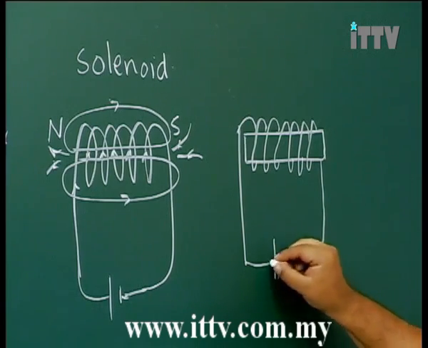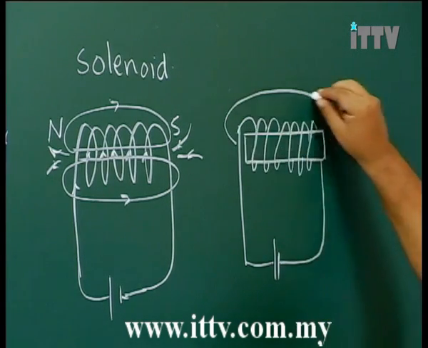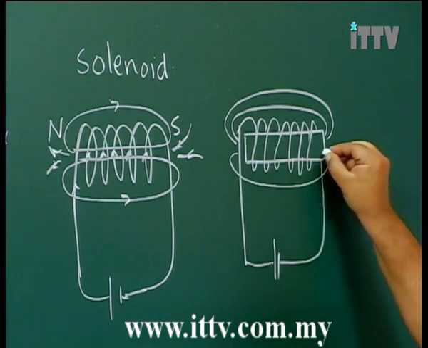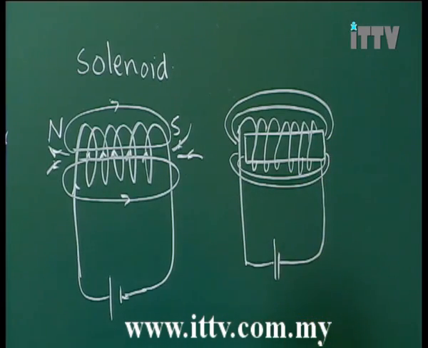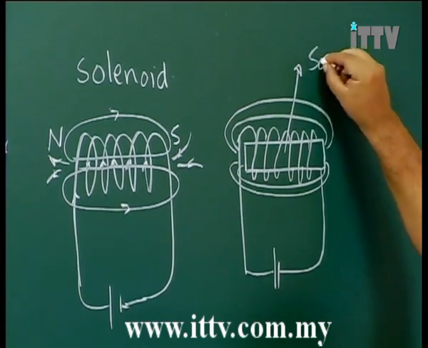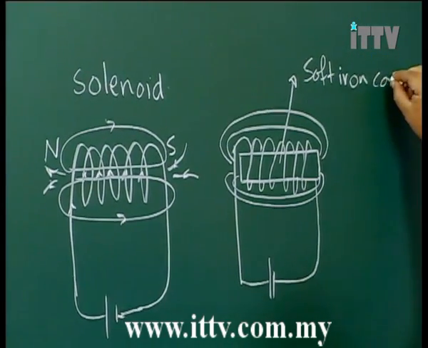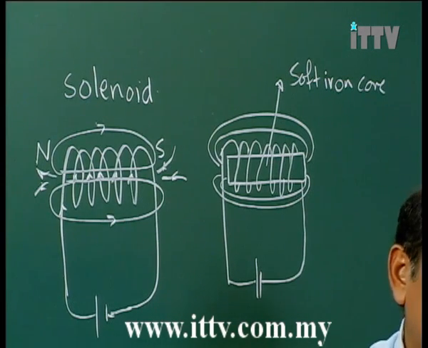What I'm going to get is an even stronger magnet, which means that my magnetic field is going to be much stronger compared to over here. So by putting in what we call a soft iron core, I'm making an even stronger magnetic field.